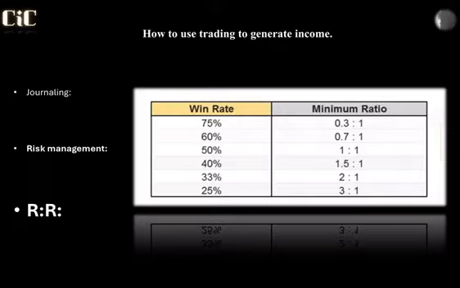Simply knowing this fact, which is the power of risk to reward and pairing it with a strike rate, no matter how low. And believe me, if you have a 25% strike rate, then you need some help, right?